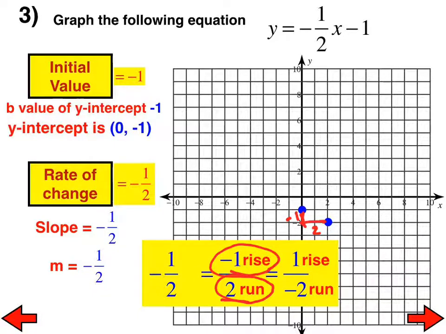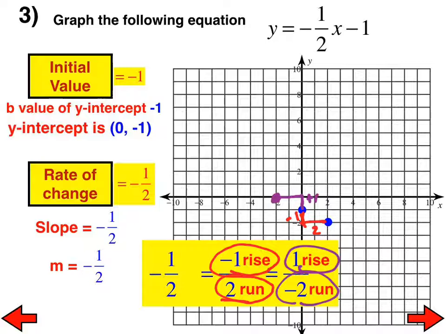Now, you could have also instead, if you wanted to, had a rise of a positive 1 and a run of a negative 2. But look, you're still going to end up lining up everything perfectly because both of those points are on the same line. But I want to bring up something to you, and that is this.